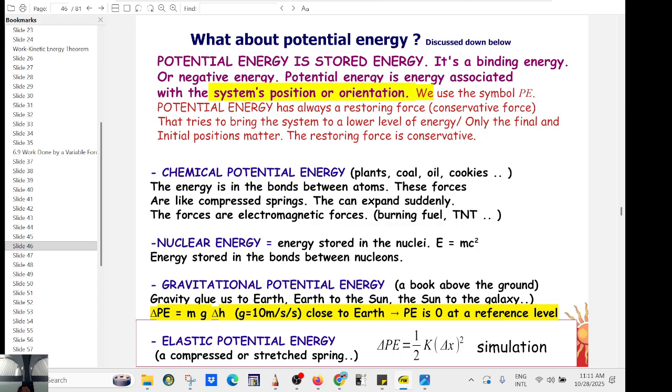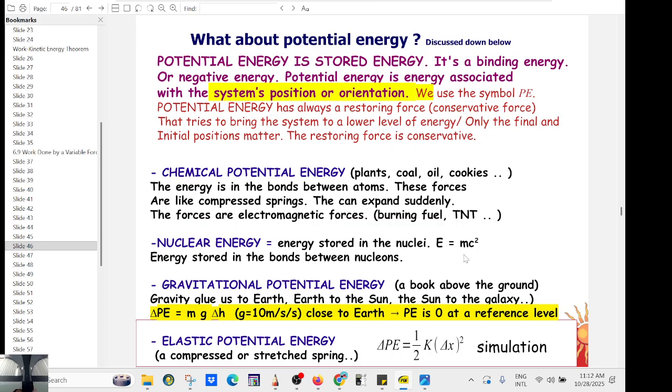More than chemical potential energy, you have nuclear energy. So that will be inside the bonds between the nuclei, between the protons and the neutrons inside the nuclei. So nucleons, sorry, we say nucleons, right? Inside the nucleus, you have stored potential energy, which is called the nuclear energy. And when you break them apart, you're releasing mass, you are releasing energy. E equals mc squared.